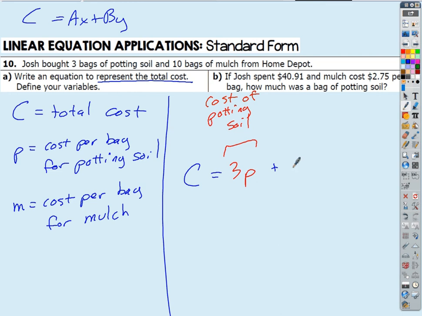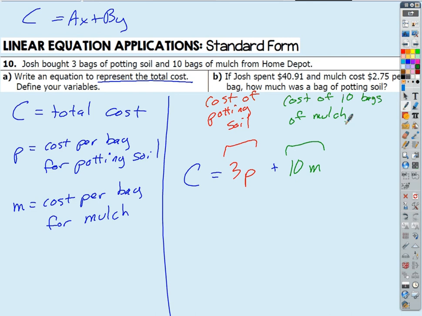Plus 10M, and that's the cost of our 10 bags of mulch, and altogether, that's the total cost, isn't it? See how that works? Okay, so it's always going to be kind of like that.